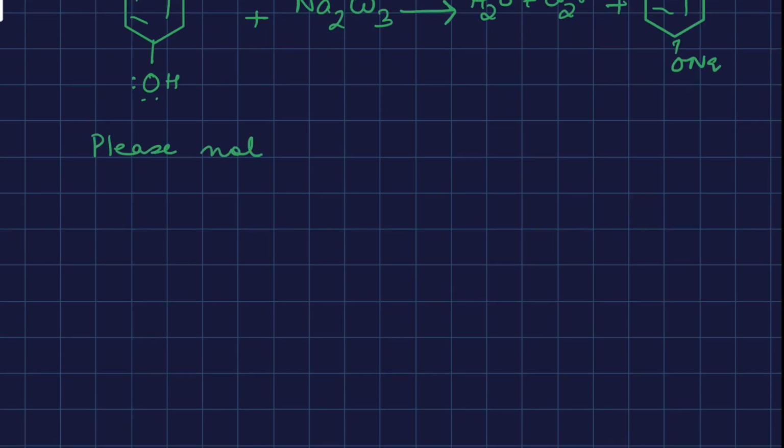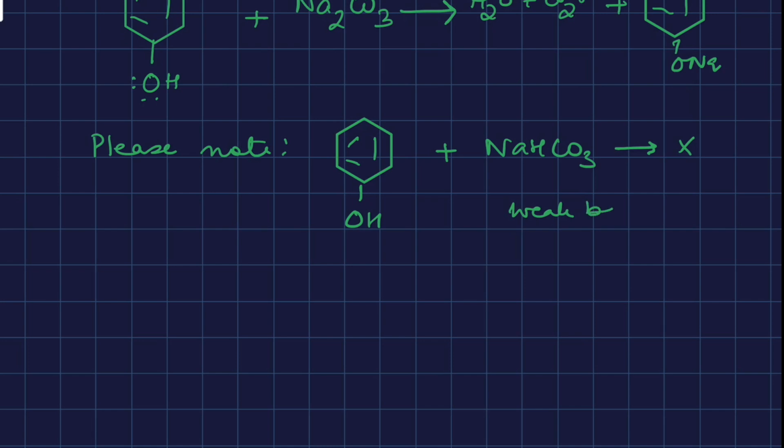Please note, it does not react with bicarbonate, because bicarbonate is a weak base, and phenol is not as strong an acid as carboxylic acid. Carboxylic acids react with bicarbonate to give carbon dioxide.